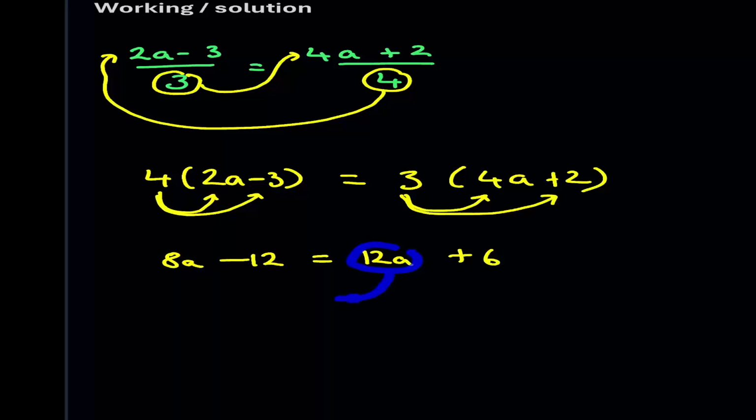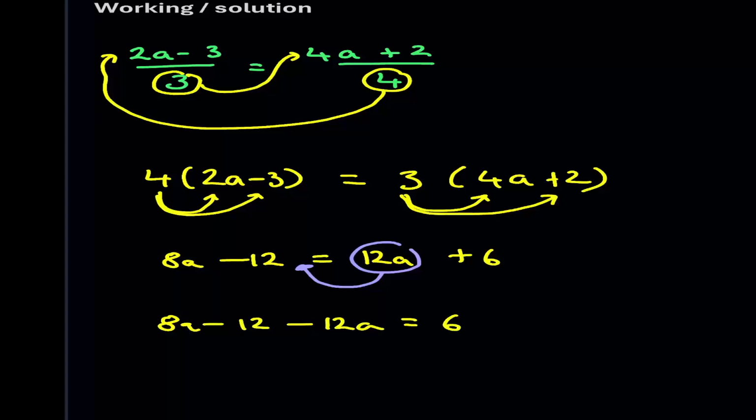So we're going to move this 12a to this side, and it is a positive on this side. So when you move it across, it just becomes negative. So my left hand side is 8a take 12, and now we move that 12a across, so it's going to be take 12a. And we're left with that 6 on that right hand side.